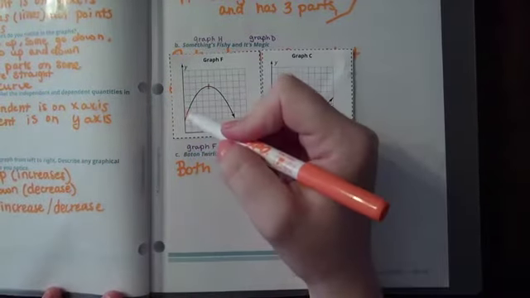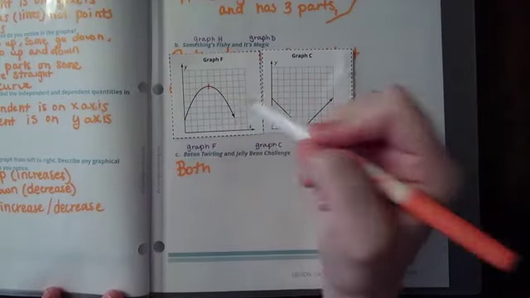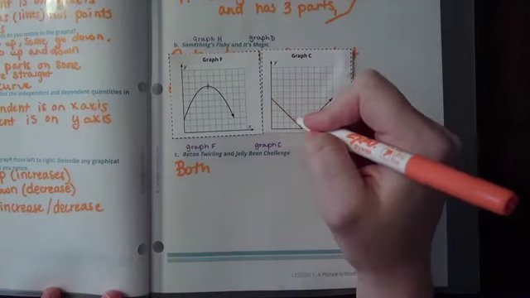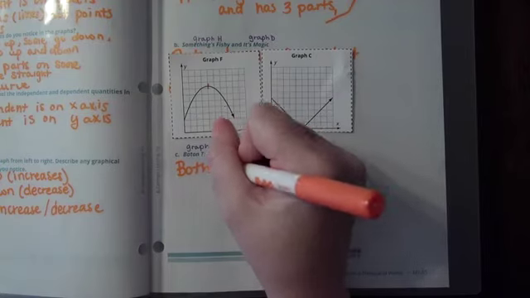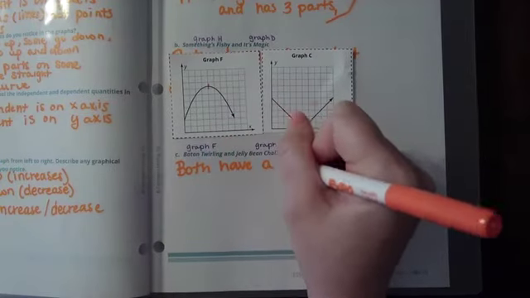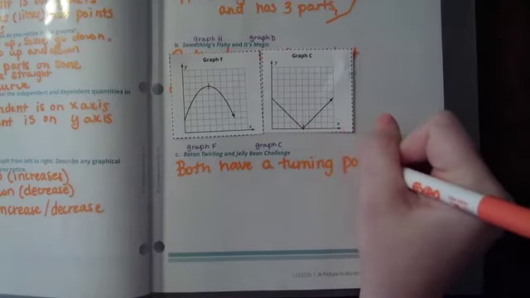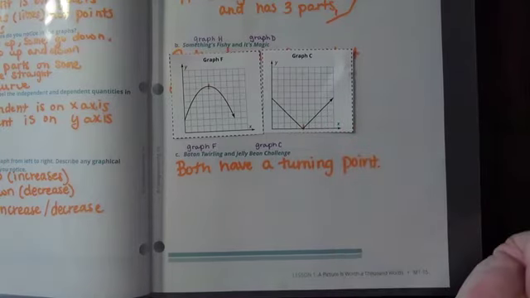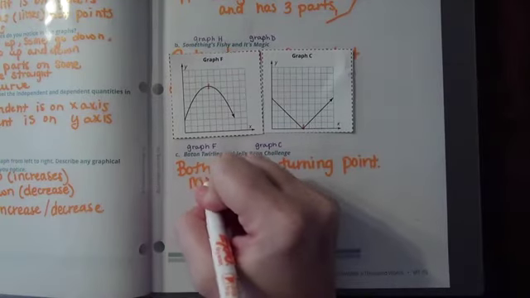So this one, notice, is going up, up, up, up, up, and then down, down, down, down, down, down, down. This one is going down, down, down, down, down, down, down, and then up. So both have a turning point. What we'll actually call these later on in Algebra 1 is a minimum.